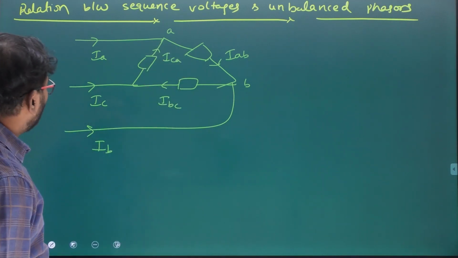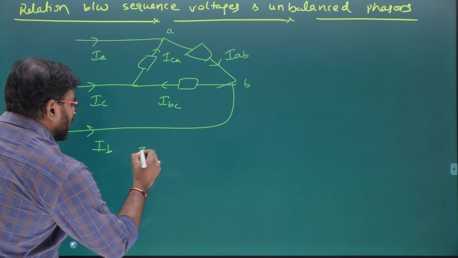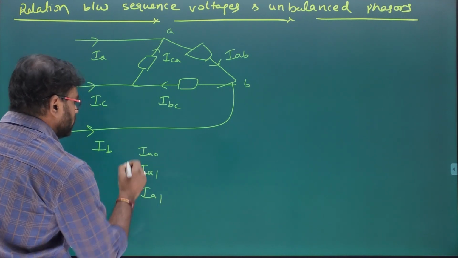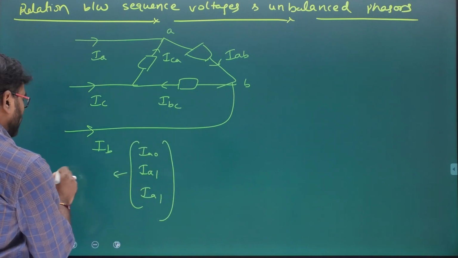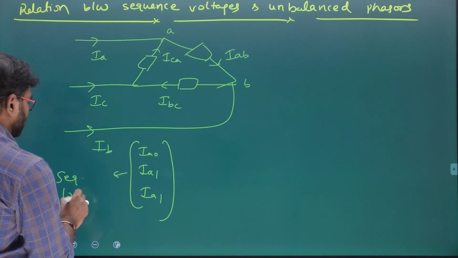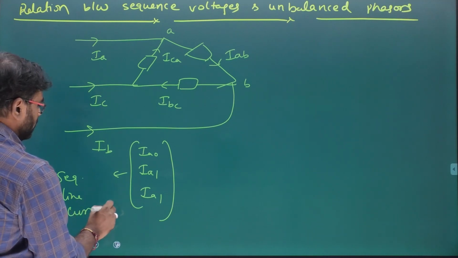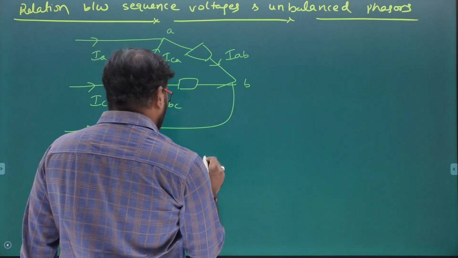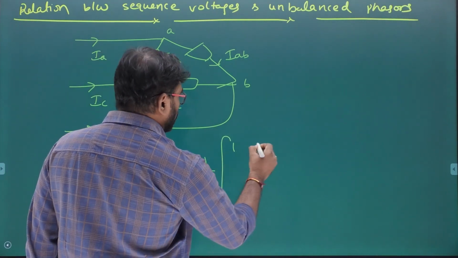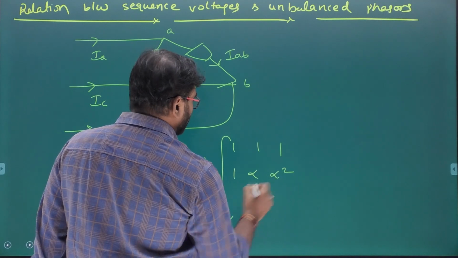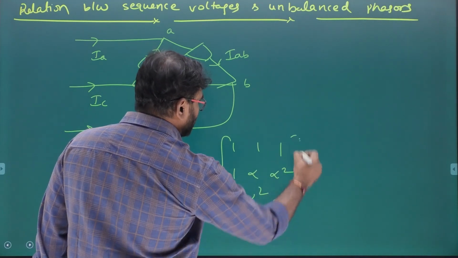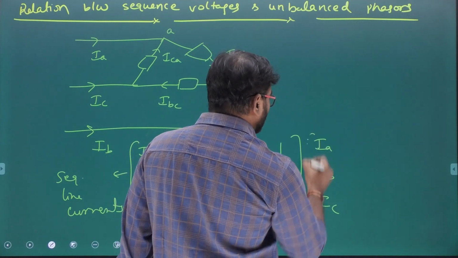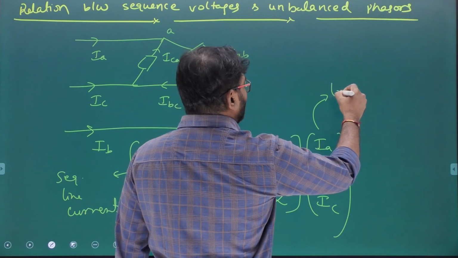So I can write IA0, IA1, IA2. These are what? Sequence line currents. Correct or not? That is equal to 1 by 3 times the matrix 1, 1, 1, 1 alpha, alpha square, 1 alpha square, alpha times the unbalanced line currents IA, IB, IC. These are again line currents.